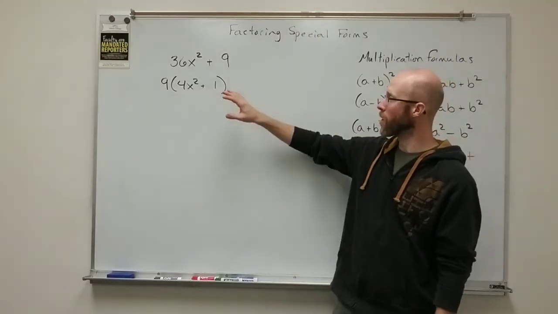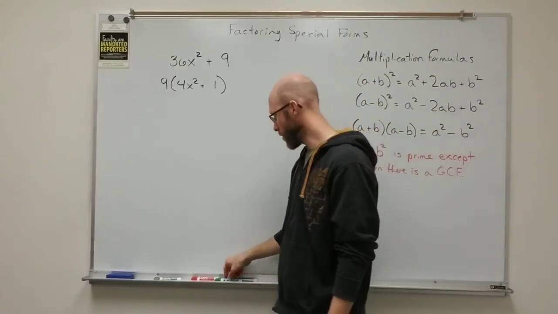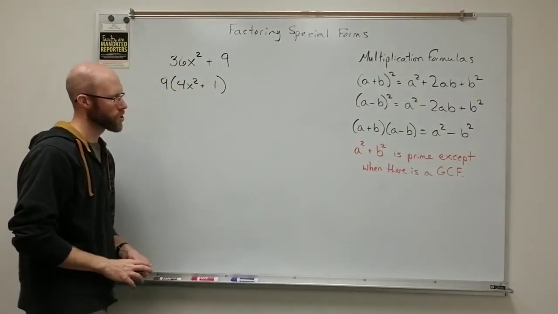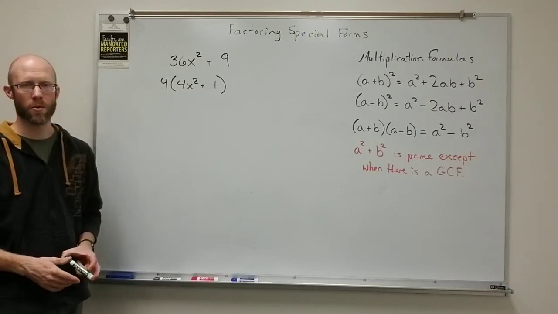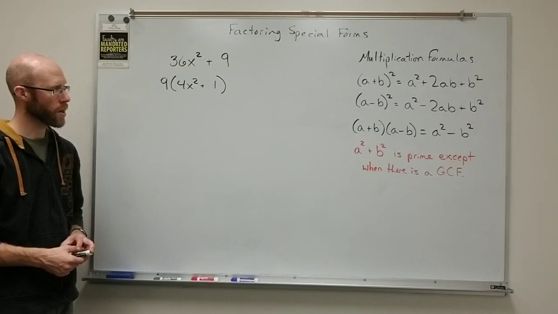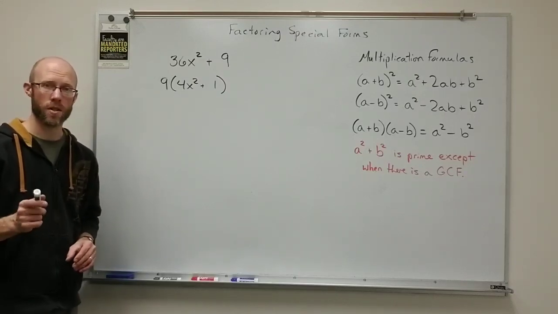But at this point, that's going to be the exception. It's pretty rare. All right, so there are two other formulas that we're going to deal with, and they get into cubes, okay, and I'll discuss those in the next video.